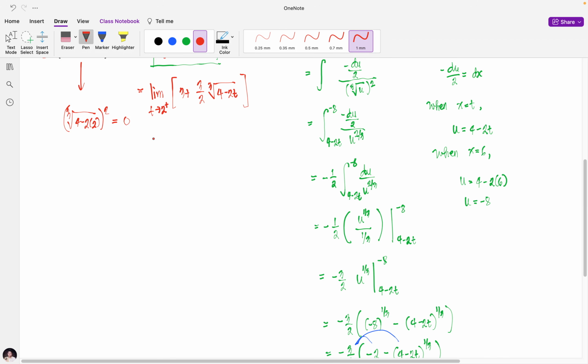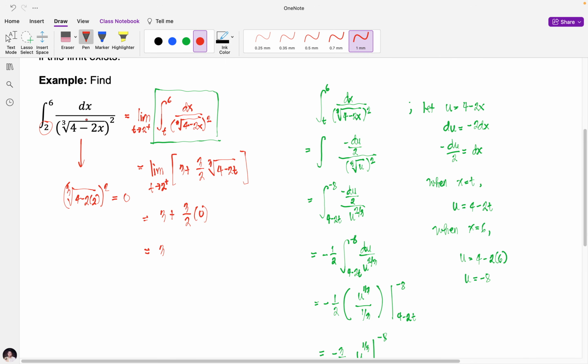Evaluating the limit, the limit of 3 is just 3, plus 3/2 times the cube root of 4 minus 2 times 2. Since this is from the right, the limit is defined: 2 times 2 is 4, 4 minus 4 is 0, and the cube root of 0 is just 0. So from that we have 3. Therefore, the answer for this improper integral is 3, and our integral is convergent. I hope you understand.